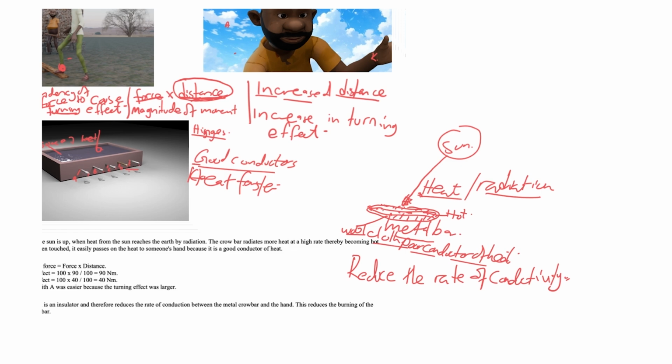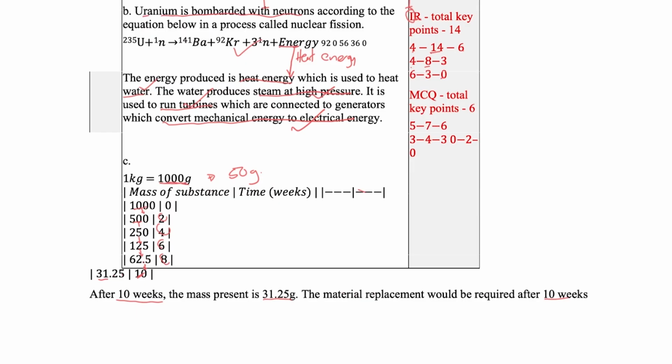So, meaning that since these woolen pieces of cloth are poor conductors of heat, the workers' hands are going to be protected against what? Against heat.